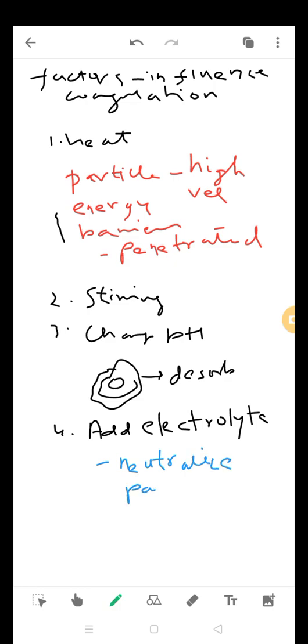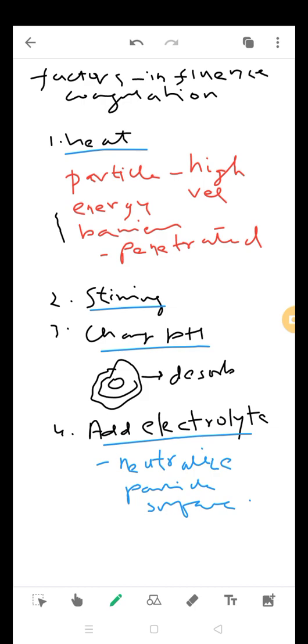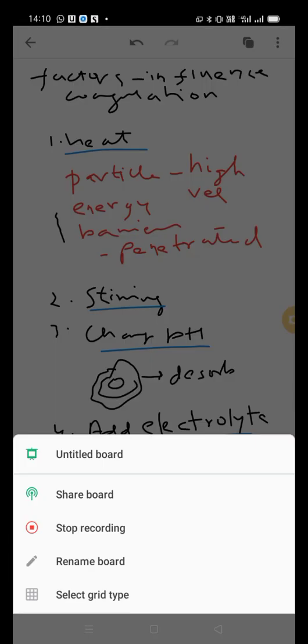So the electrostatic repulsion that was initially present will be hampered, and there are chances of coagulation, and ultimately it can also cause settlement or sedimentation. So these four factors are responsible for coagulation of particles, and we need to avoid these four parameters if we would like to have a good colloidal solution.